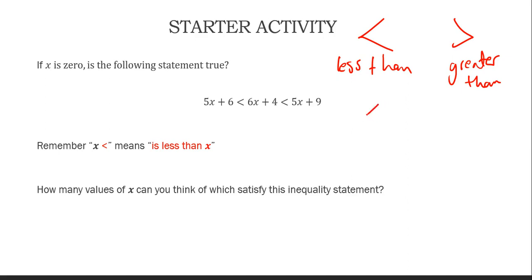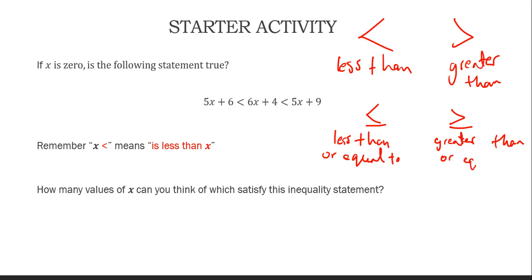It's the same thing, but with a line underneath. So this is saying less than or equal to, because of that line underneath. And this will be greater than or equal to. So that's just a bit of a recap of what those inequalities mean.